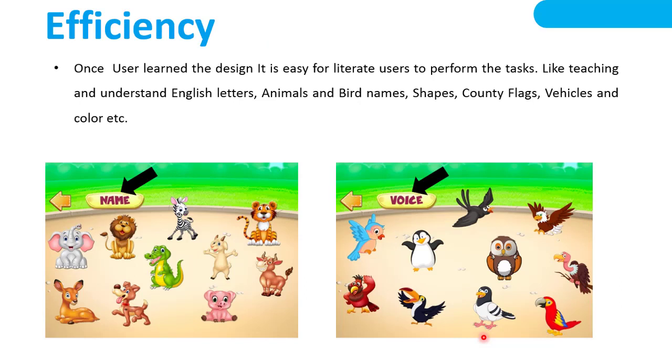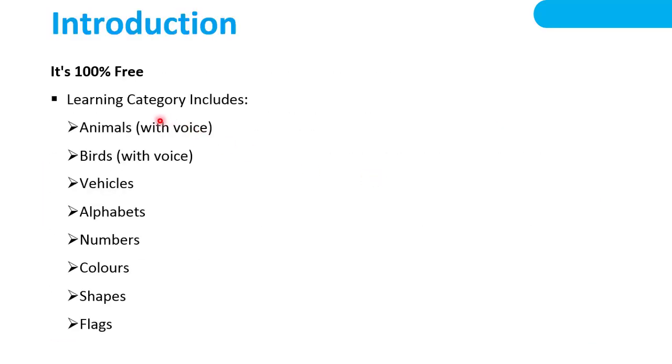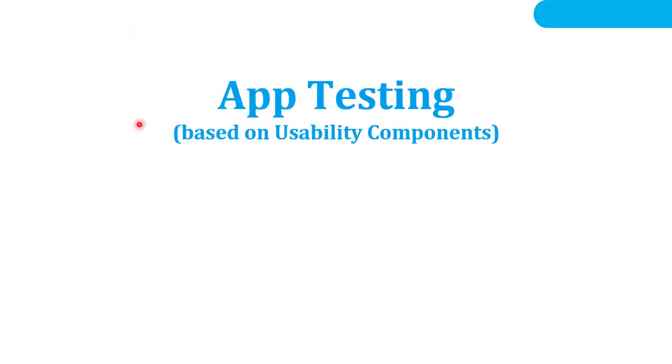Efficiency. How efficient is this application? Once the user learns the design, it is easy for a literate user to perform tasks like teaching and understanding English letters, animal and bird names, shapes, country flags, vehicles and colors, etc. As you can see the arrow that I have pointed over there, you can switch the name of the animal into its voice, and likewise for birds.